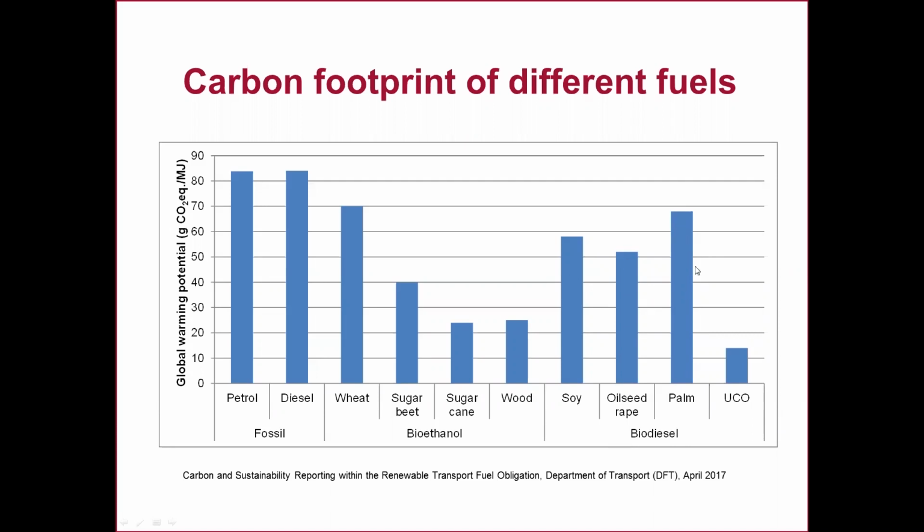This also results in emissions occurring from that stage. But if we compare it with, say, used cooking oil, UCO, if it is converted into biodiesel, it could reduce the emission from fossil fuel by 70 to 80%.